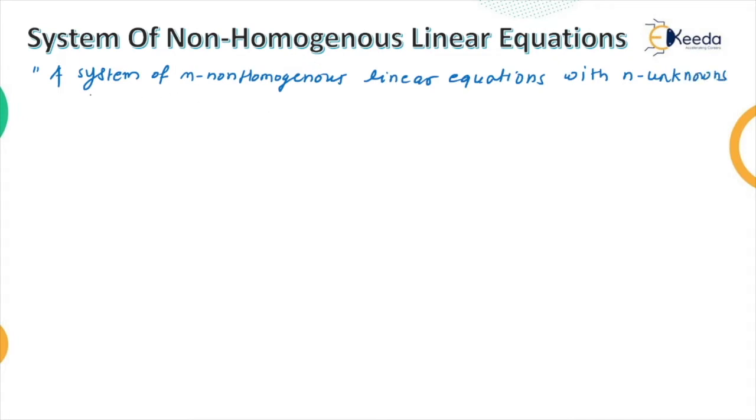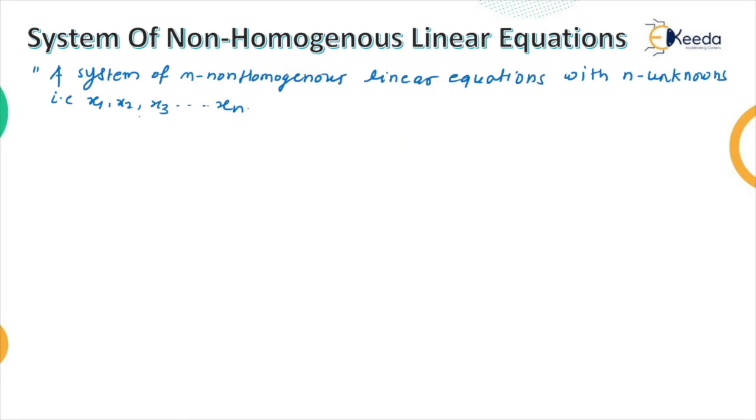The unknowns are x1, x2, x3 and so on, there are n unknowns. Simply put, it is a set of m equations in n unknowns.